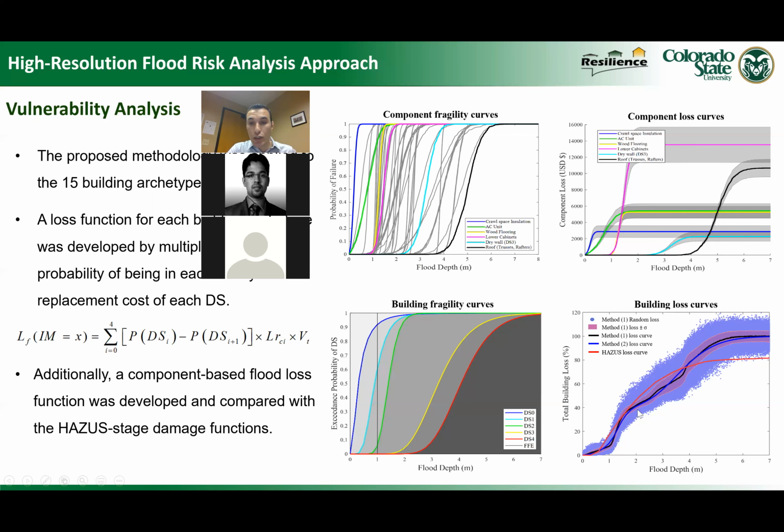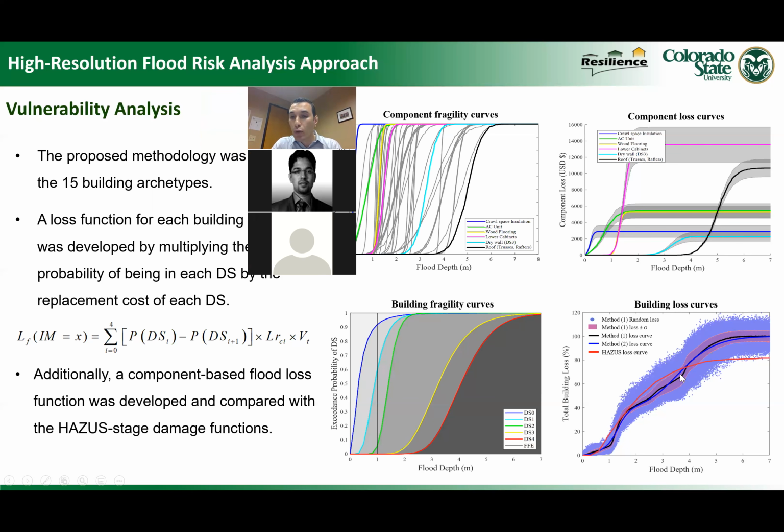If I take a section here, I will get 1,000 points, which represent 1,000 simulations of the replacement cost of the whole building. And this replacement cost of the whole building is the summation of all the damaged components at this flood depth. And we also calculated another flood depth, which is the blue curve here.